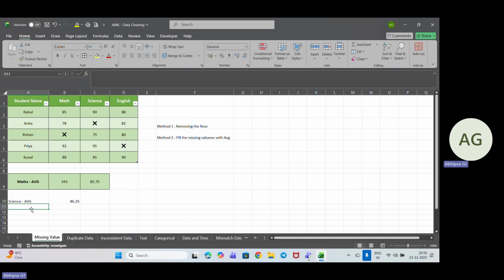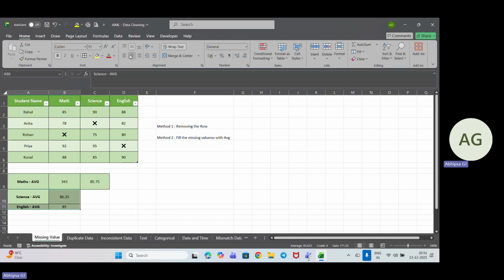right? Next, we have English, the average of English marks. So it will be 88 plus 82 plus 80 plus 90, which we will be dividing by 4. So we will be getting 85. Right? So again, we'll do format paint over them.